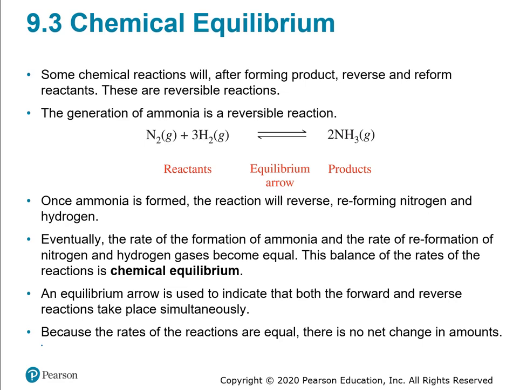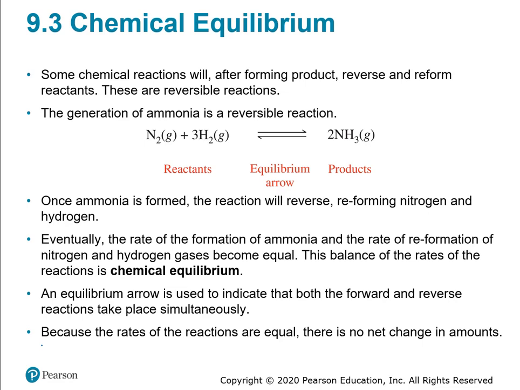which means in this reaction where nitrogen and hydrogen makes NH3 or ammonia, if I take nitrogen and hydrogen, they're both gases, and I put them together in a container, a few of the nitrogen and hydrogen molecules will combine and form NH3.